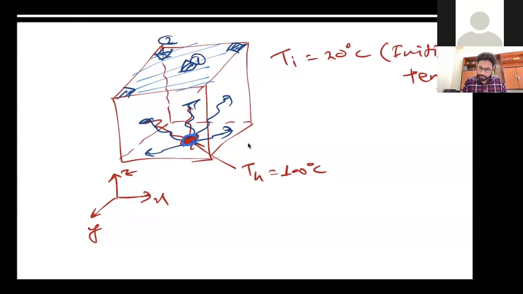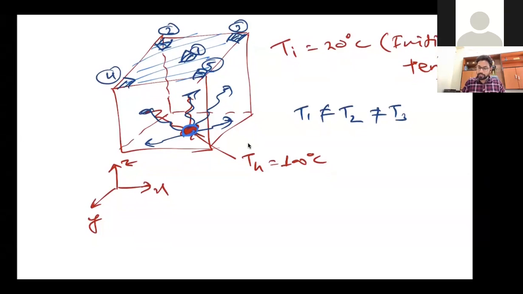So let's say this is 0.1, this is 0.2, this is 0.3, this is 0.4, and this is 0.5. Because this is not uniform, you are supplying heat from one single point, if we number them as T1, T2, T3, then T1 may not be equal to T2, and it may not be equal to T3.